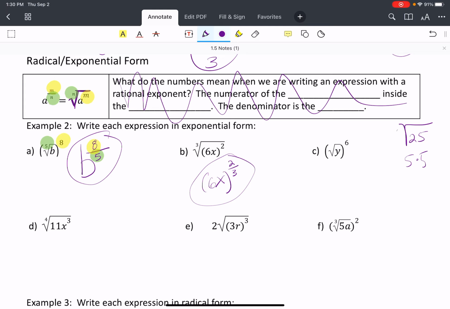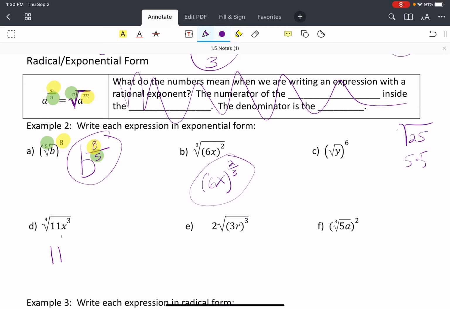I want to look at D. How is D different than B? The parentheses. So that 3 can't go to the 11. So what that means is that these are actually going to have two different fraction exponents. What is the exponent on the 11? Good.